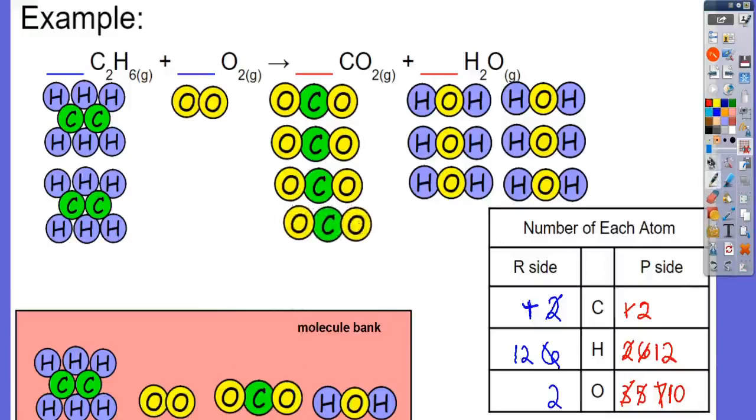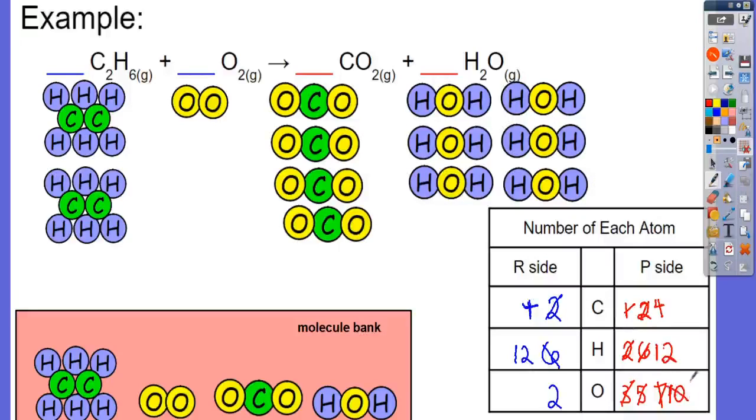So if I'm going to retally up my atoms, I now have 1, 2, 3, 4 carbons. And my total number of oxygens is 2, 4, 6, 8, 10, 12, 14.